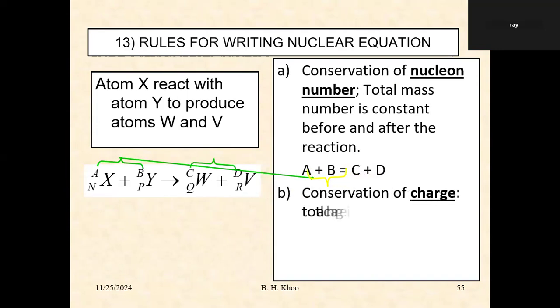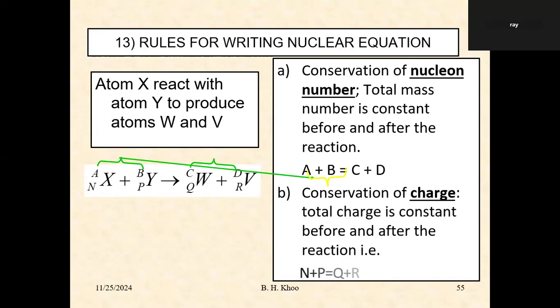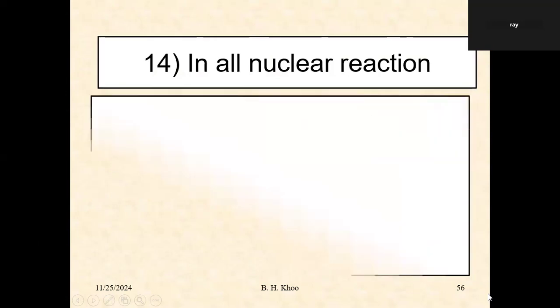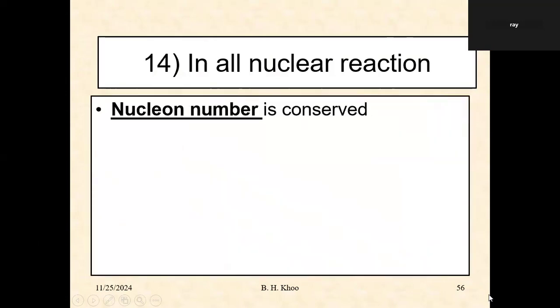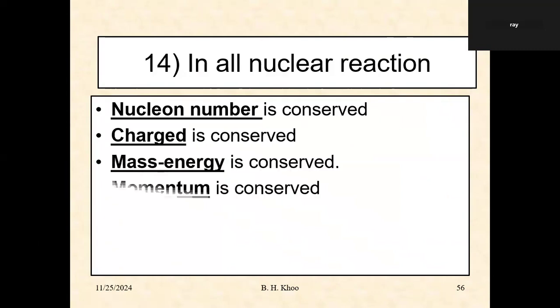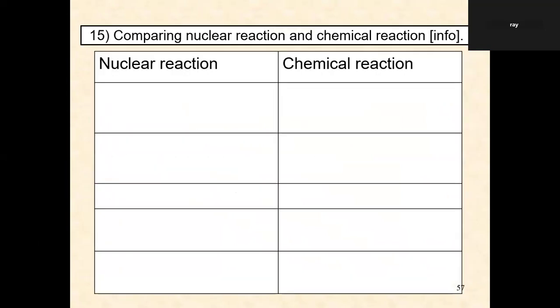Conservation of charge: the total charge is constant before and after the reaction. That means we add N plus P before, which equals Q plus R after. In all nuclear reactions, nucleon number is conserved, charge is conserved, mass-energy is conserved, and momentum is conserved.